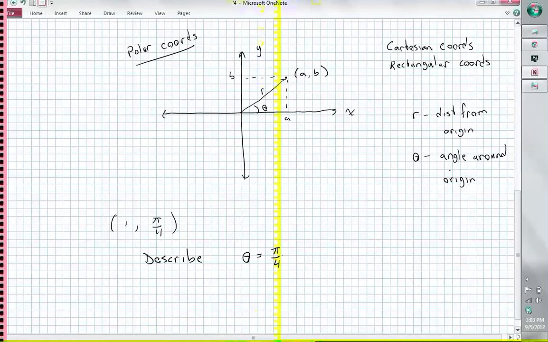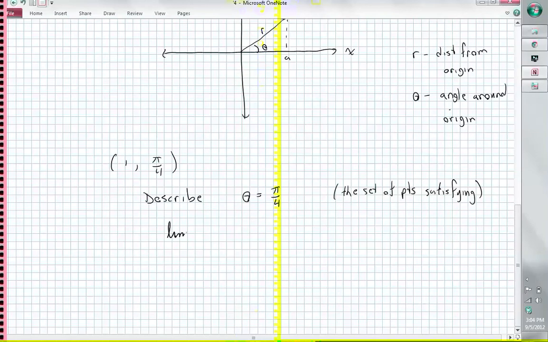Describe the set of points that satisfy this equation in polar coordinates. What does it look like? A line, okay. Be more specific.